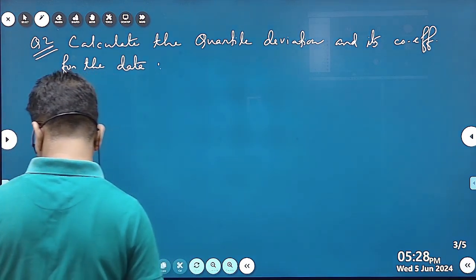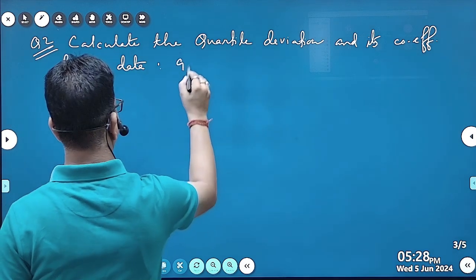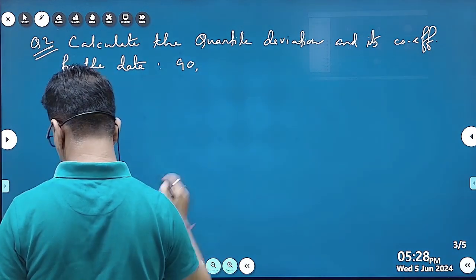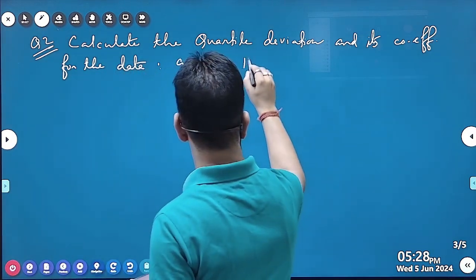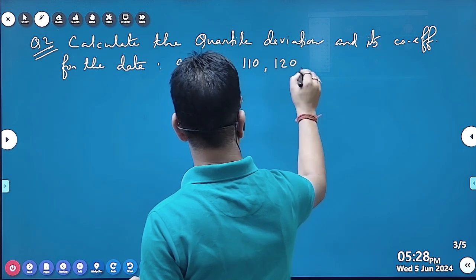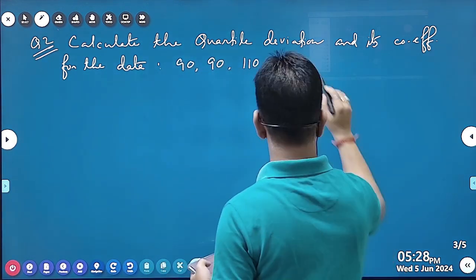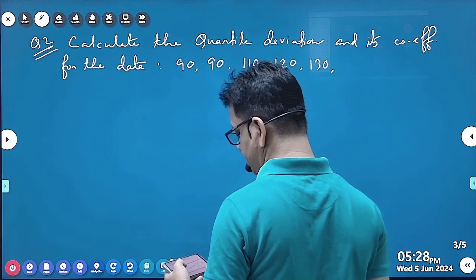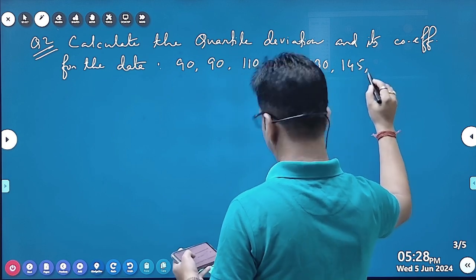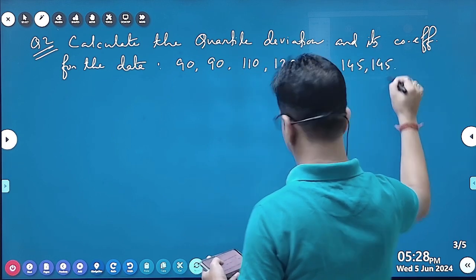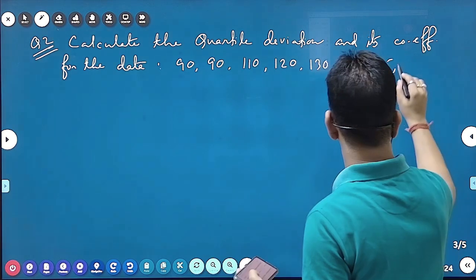supposing 90 2 times, suppose 110. In your book, these sort of examples are only there, so I'm not taking the same examples. 130, 145, 145 once again, 155 and 170.